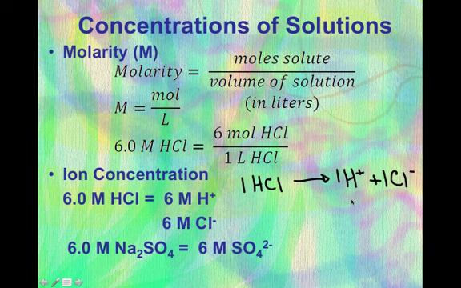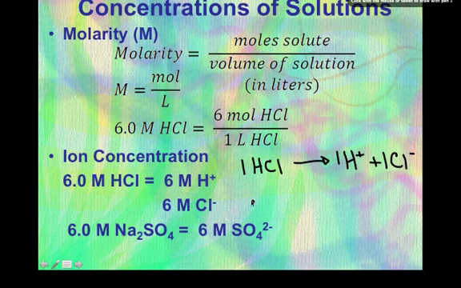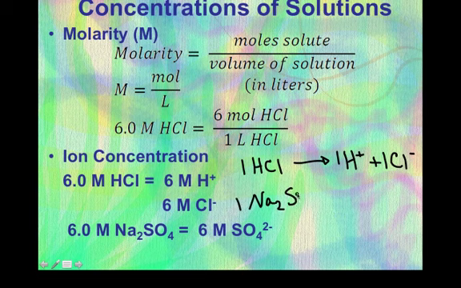If I had sodium sulfate, then when this breaks apart, 1 sodium sulfate is going to break apart into these ions. I'm going to get 2 sodiums and 1 sulfate, right? Because in this compound there's 2 sodiums for every 1 sulfate.